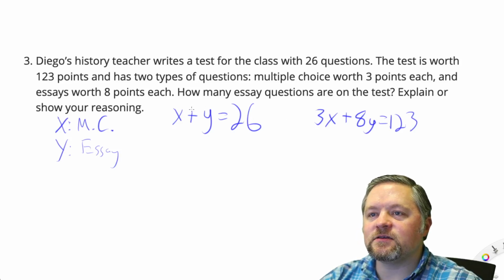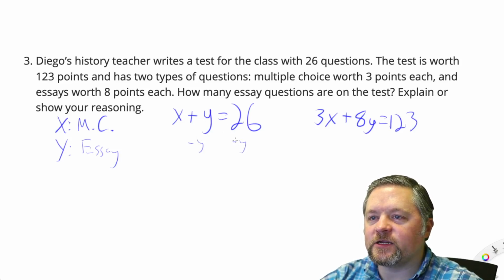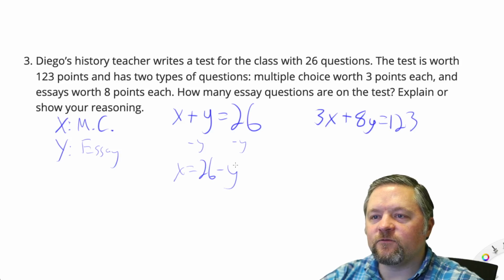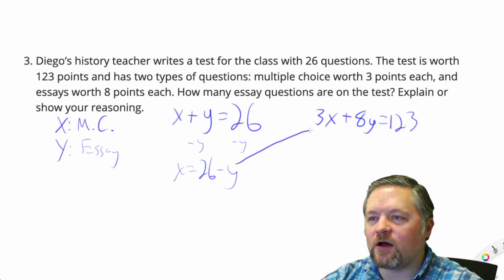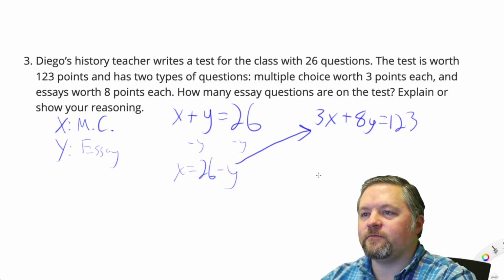So let's substitute something. This equation right here looks pretty easy to solve for one variable. If I subtract Y from each side, then X equals 26 subtract Y. Well, if X equals 26 subtract Y, I can substitute that in for that X over there.